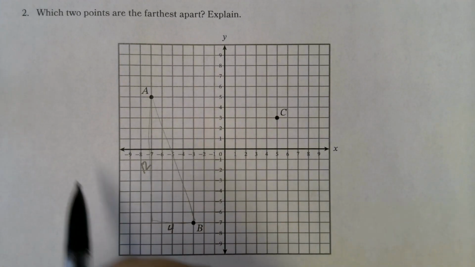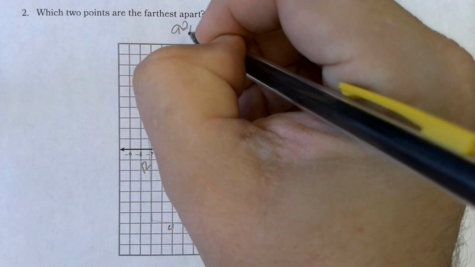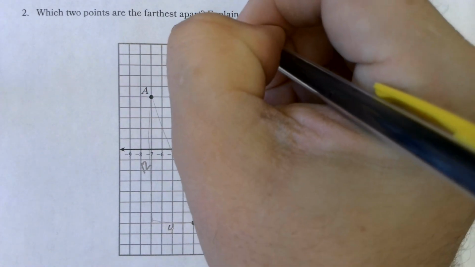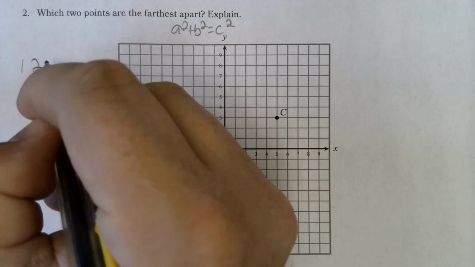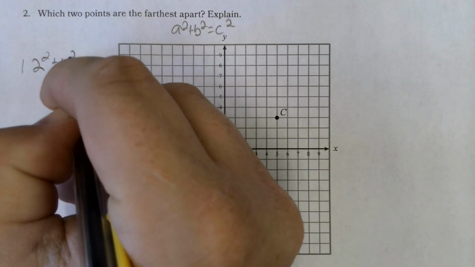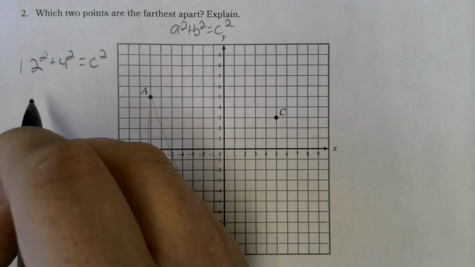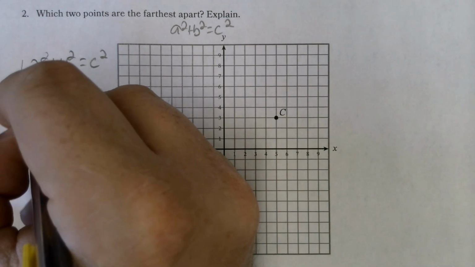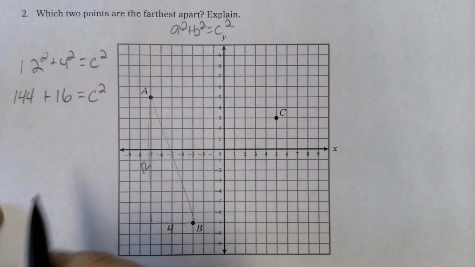So for AB, we're using the Pythagorean theorem again for all of our sides. We're going to have 12 squared plus 4 squared, and we're finding the hypotenuse. 12 squared is 144. 4 squared is 16.